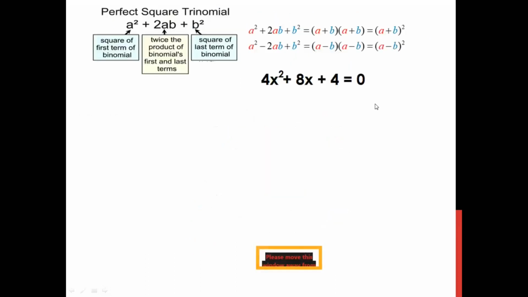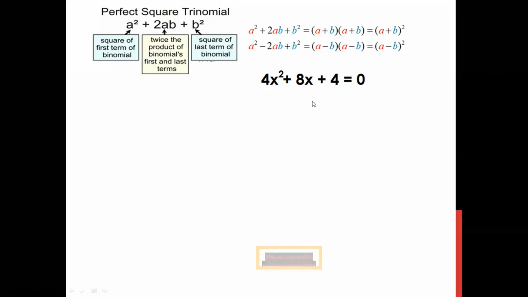Okay, let's proceed. We have 4x squared plus 8x plus 4. First, let's check the first term, then the last term, then get the square root of first and last, then multiply by 2.